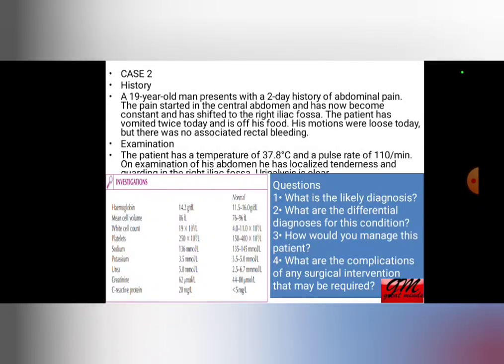How will you manage this pain? Is it clear? You need to know how to manage the pain of a patient that has acute pain. You manage the pain based on the analgesic ladder. Is it clear? If the patient has ladder 1 pain, you just use acetaminophen, like paracetamol. If the patient has ladder 2 pain, you use acetaminophen and non-steroidal anti-inflammatory drugs.